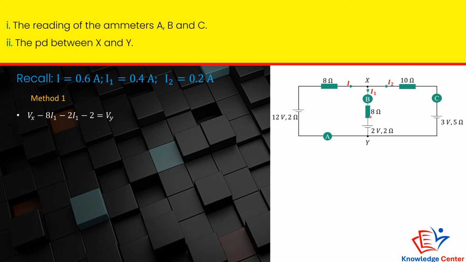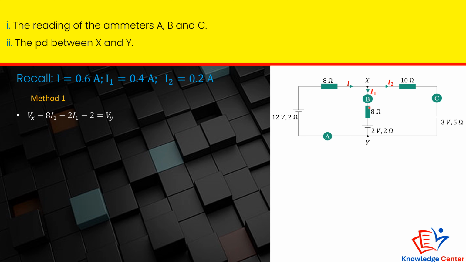But now watch out. When I'm adding the PDs and the EMFs on one side, the PD becomes negative if I'm traversing in the direction of the current. Watch this. This is Vx. Now if I go like that, I'm traversing the direction of I1 across 8 ohms to get to Y, so that PD will be negative.